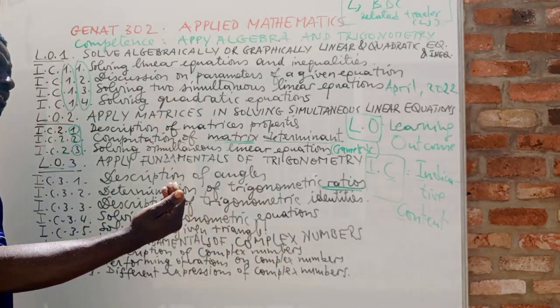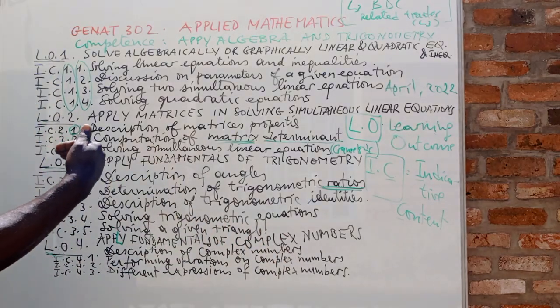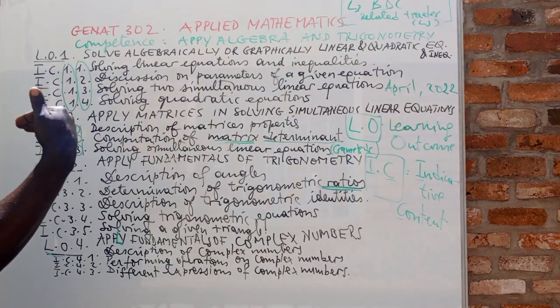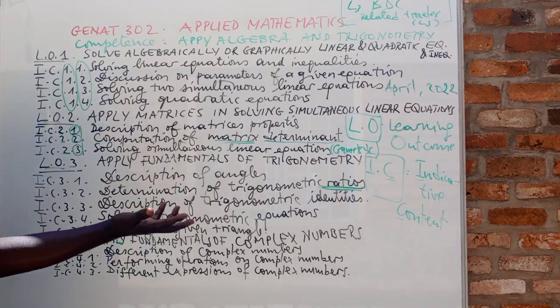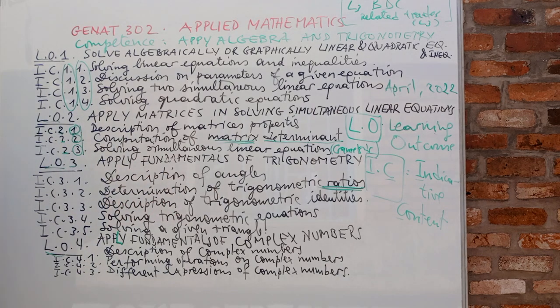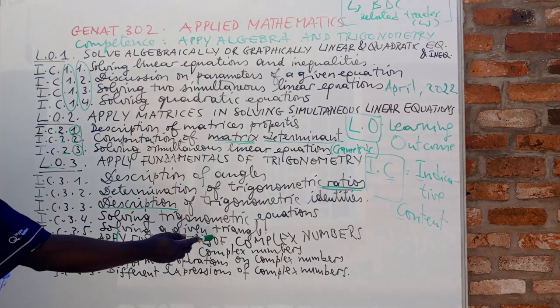There are a number of identities we can prove, while others are just at the level of description. We can prove the basic ones, but others are just described. Indicative content number 4 is solving trigonometric equations.